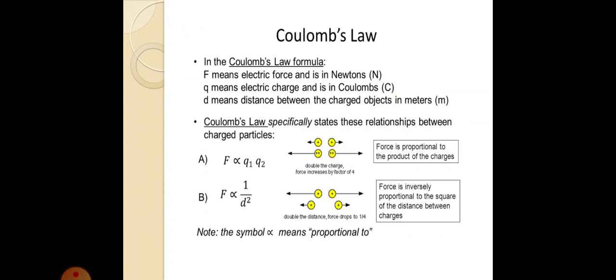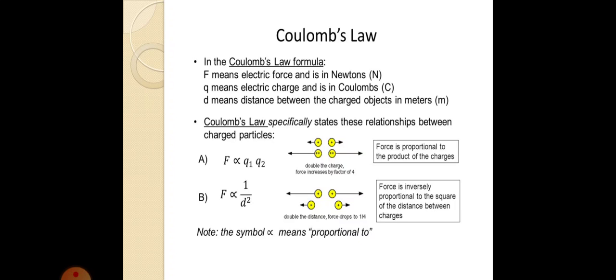So the first law: the force F is directly proportional to the product of the charges Q1 Q2. Q1 and Q2 are charges, the SI unit is coulombs. F is the electric force, the SI unit is newtons.